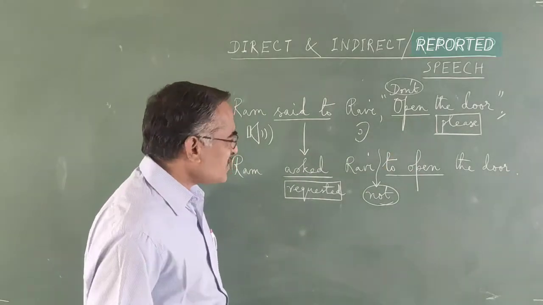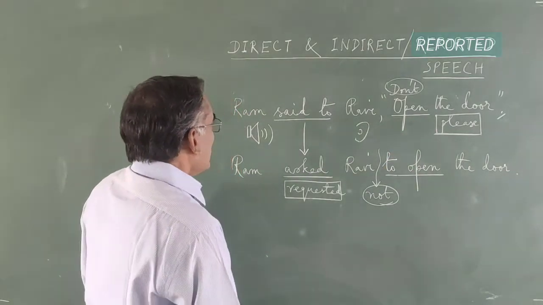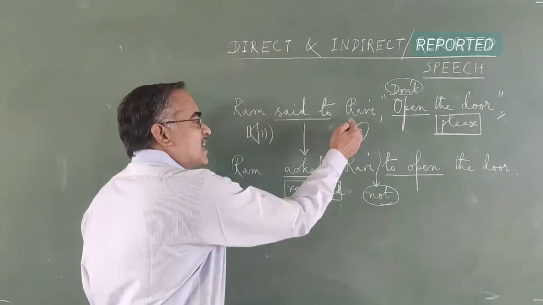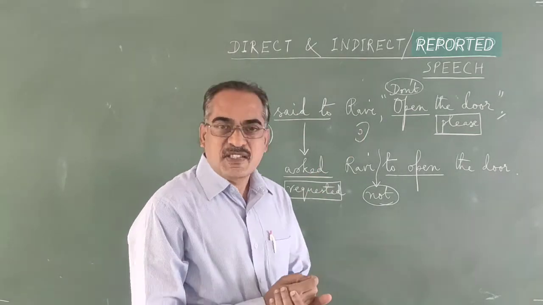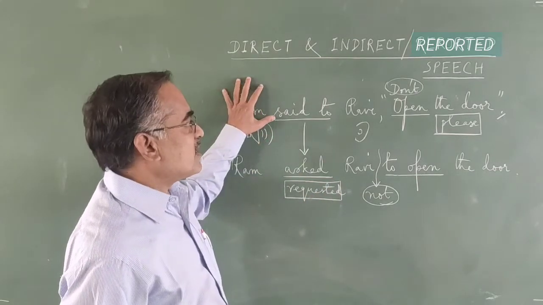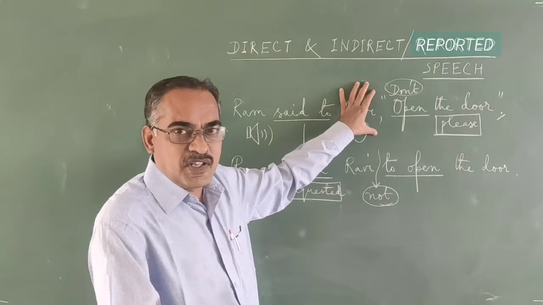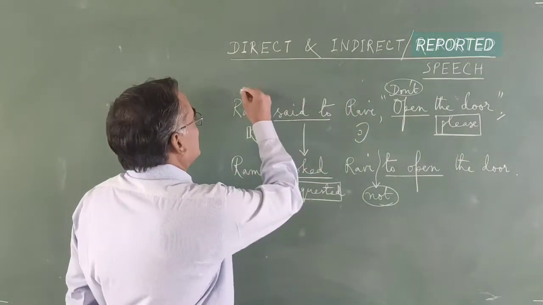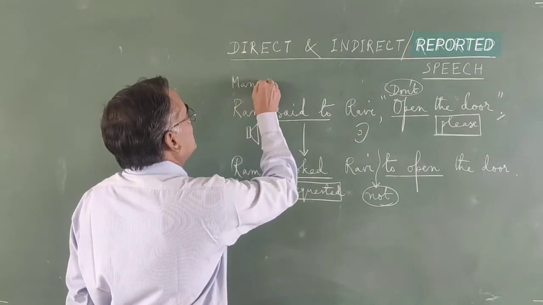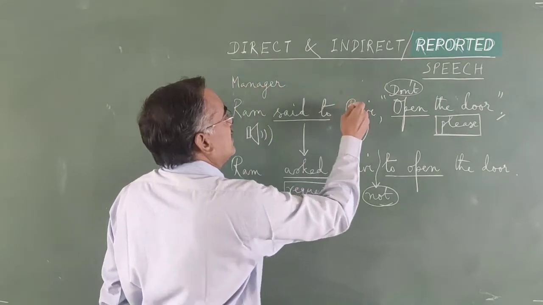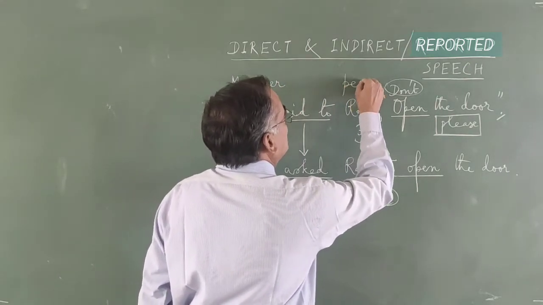Fine. One more thing I want to tell you. Imagine if the speaker and listener are different, they are not friends. If it is a superior authority and the listener is a subordinate, for example, the manager and the peon.